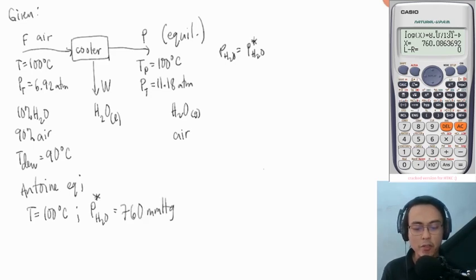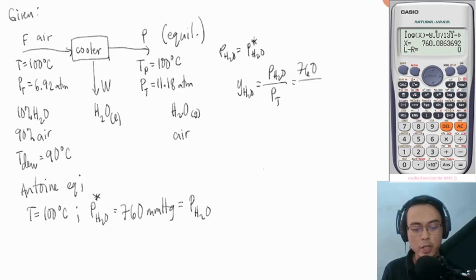We now know the vapor pressure of water at 100 degrees Celsius. We also know its partial pressure. It's the same value because we have a condensate. Your product is at equilibrium condition. We can immediately solve for the mole fraction of water. So using Dalton's law, mole fraction of water is partial pressure of water over total pressure. So that is 760.